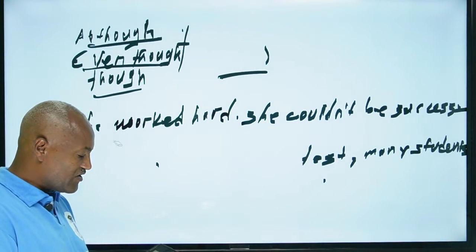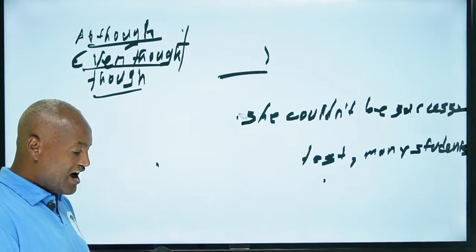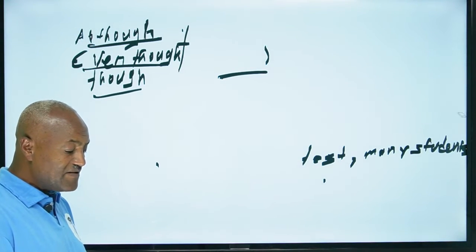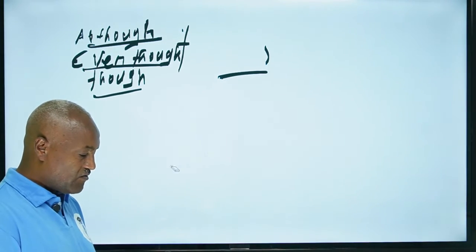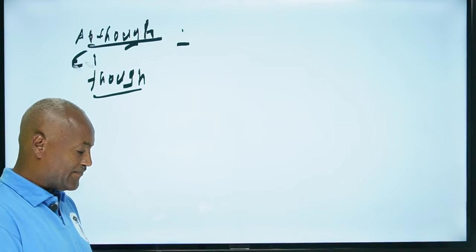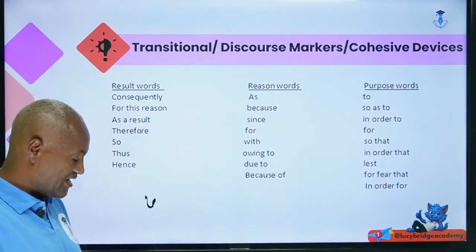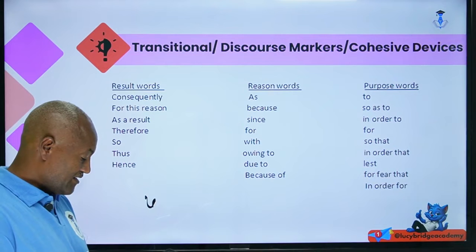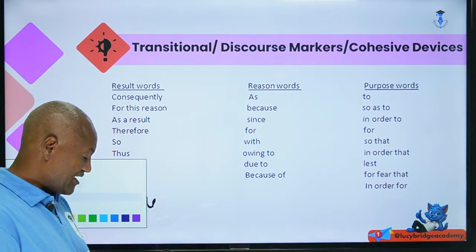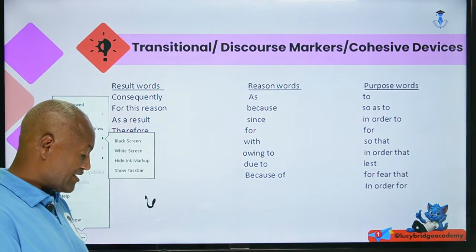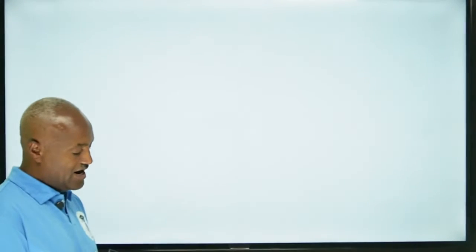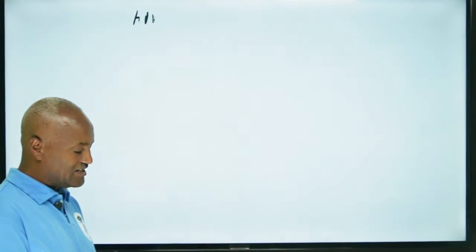And I can show you, for instance, about "however". We may use "however" in a sentence in different ways because of the position or because of the punctuation marks. Look, "however" is basically contrasting.